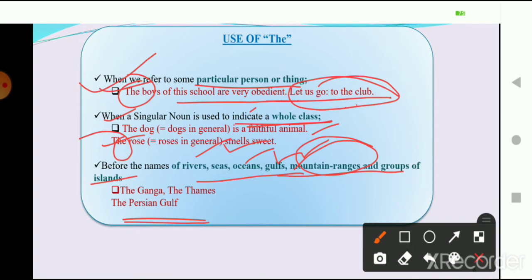So when we talk about rivers, seas, oceans, gulfs and mountains, we use the article the before these words.